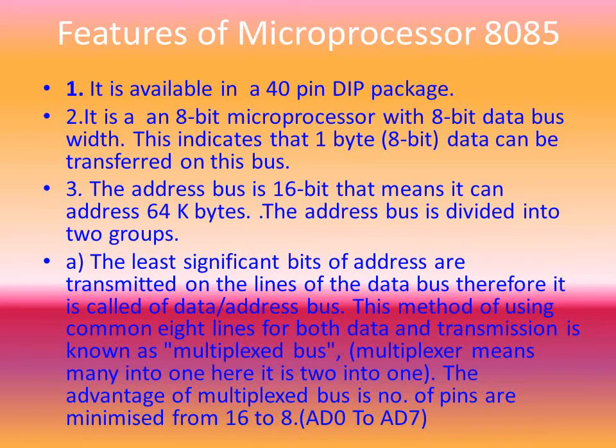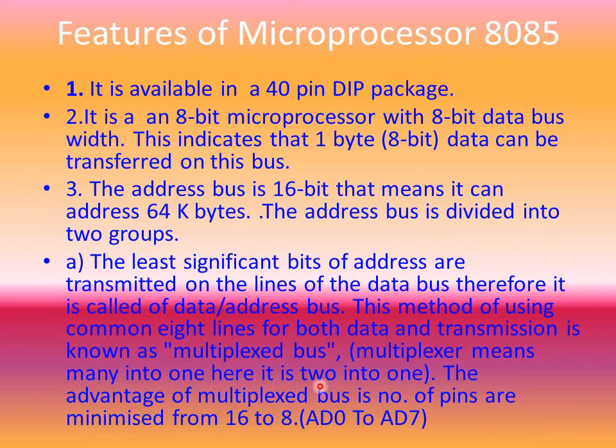Now from this A0 to A15, A0 to A7, these bits are also used for the data. Means the data is not sent on separate lines. It is sent with the help of address bus bits A0 to A7.